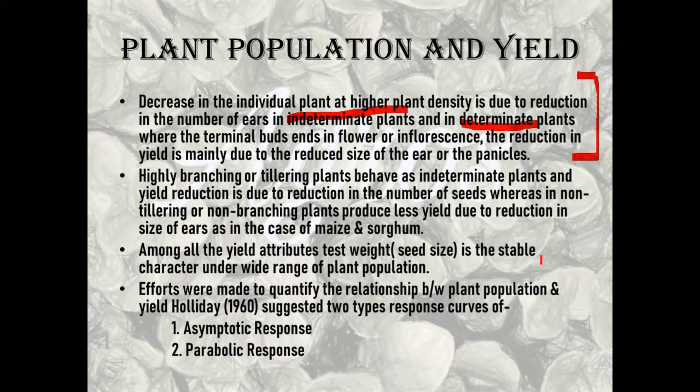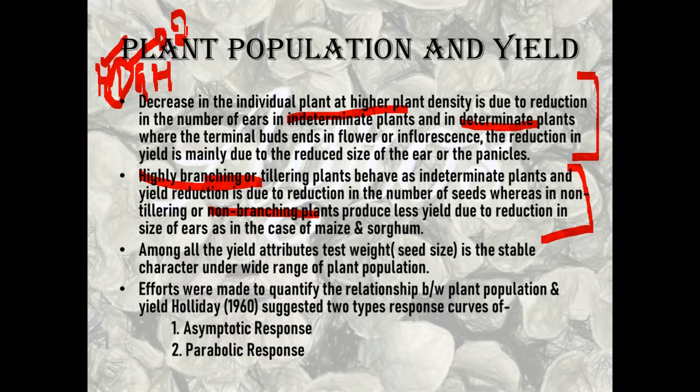Similarly, in this part there are highly branching and non-branching plants. I'm giving a mnemonic for you all. Just remember H, high branching or tillering, and just remember this I, which is here for indeterminate. Why am I telling this?